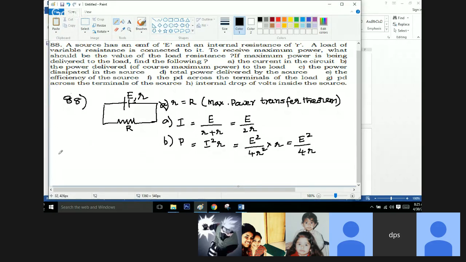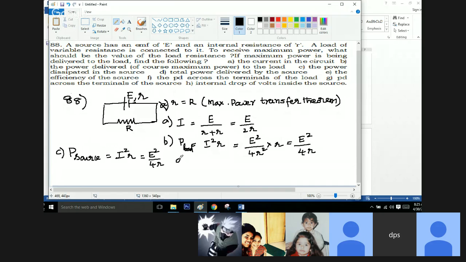Formula only, nothing else. Then let us come to the C bit. What is that C bit? The power dissipated in the source. Oh, this is power dissipated at load. Then power dissipated at source is equal to same formula I square r. So the answer is once again the same, E square by 4r, no doubt.